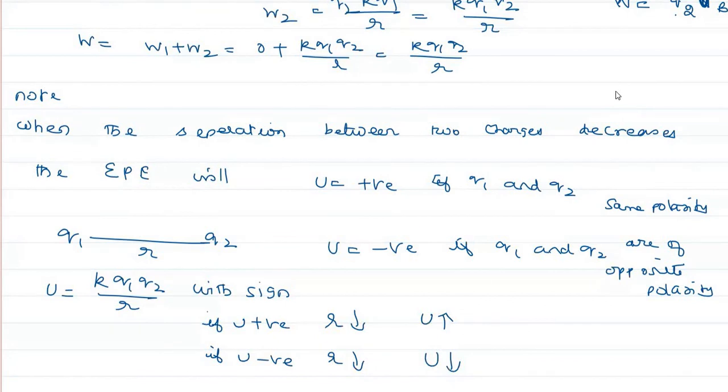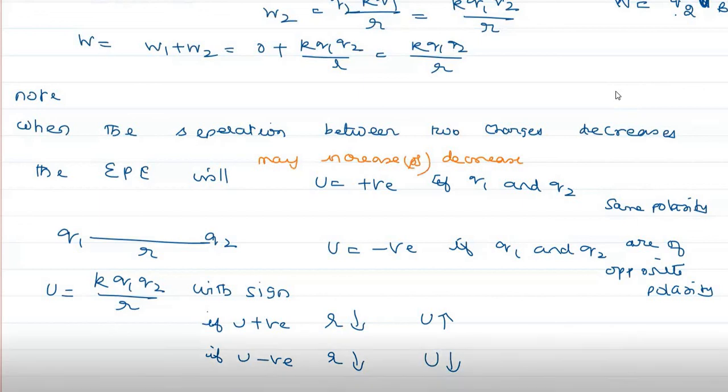The denominator decreases, but U is negative with a higher magnitude. Minus 50 is lesser than minus 5. So that's why U will decrease. So what is your answer? Your answer should be: it may increase or decrease based on the charges involved. Clear? Any doubt?